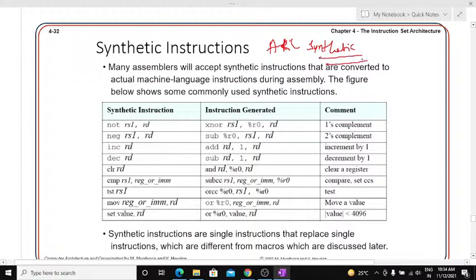Many assemblers will accept the synthetic instructions that are converted to actual machine language instructions. So here you can see this instruction, how it is generated, meaning the instruction is converted into a machine language instruction during assembly.